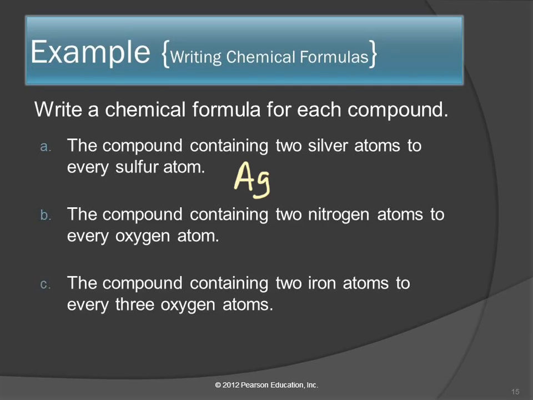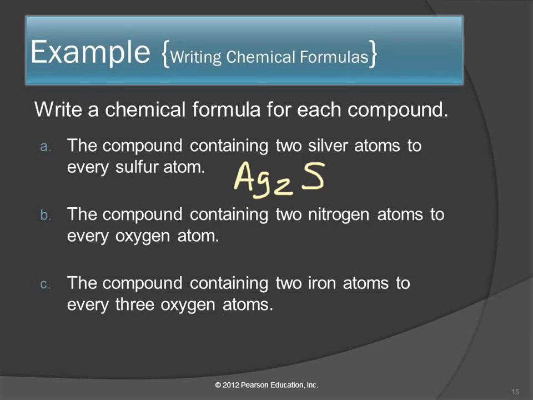Okay, so you had a list of things to memorize at the beginning of the semester. I am assuming, perhaps incorrectly, that you still have those things memorized. So silver, and it says 2 silver atoms. So we're going to put a subscript 2 after the silver. And then the symbol for sulfur is a capital S. And it says there's one of them, so we're not going to write a number 1. So a compound containing 2 silver atoms to every sulfur atom would be Ag2S.